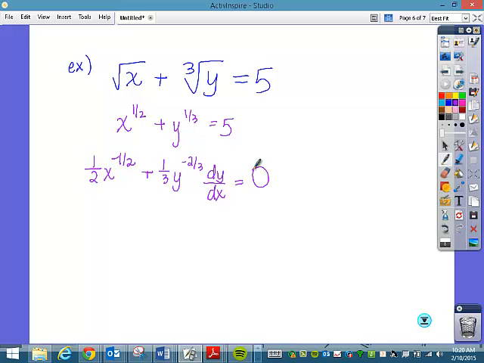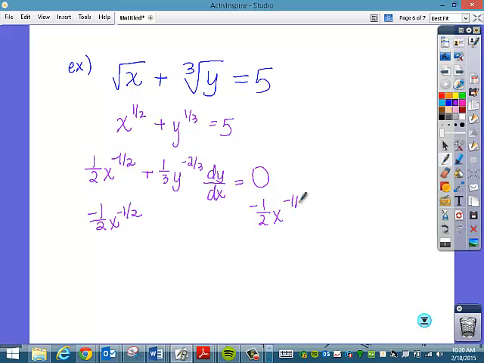So this is where it gets a little tricky. First, we want to get rid of anything that doesn't have a dy dx. Trying to isolate dy dx, I'm going to subtract negative 1/2 x to the negative 1/2 from both sides. I'm left with 1/3 y to the negative 2/3.